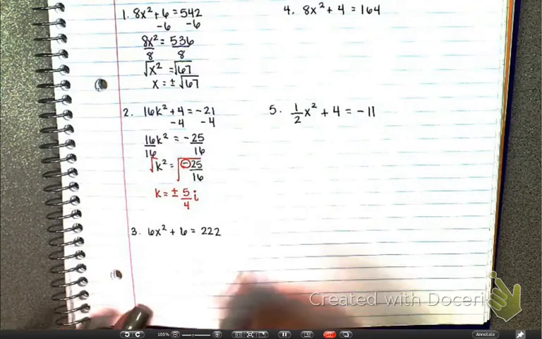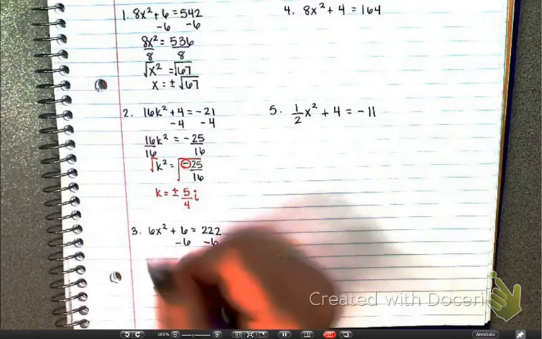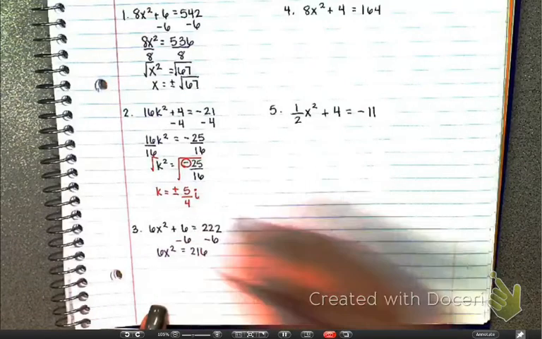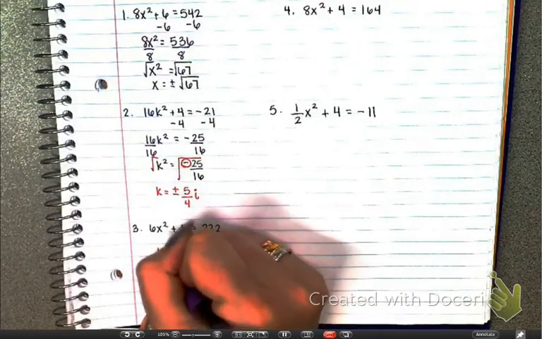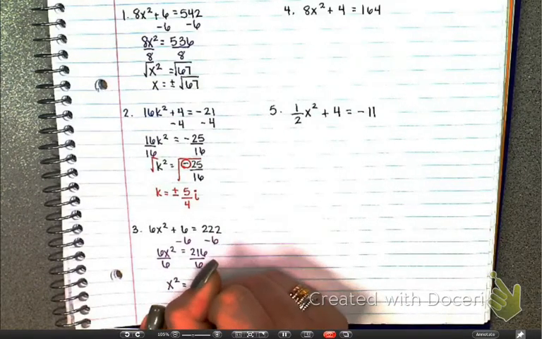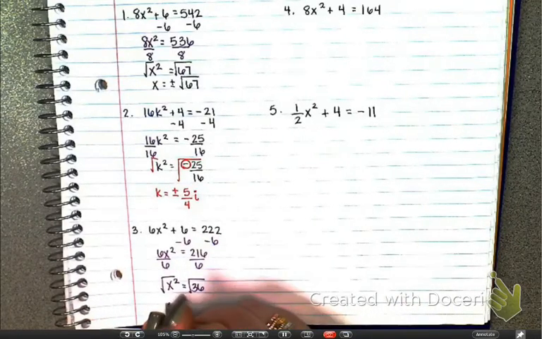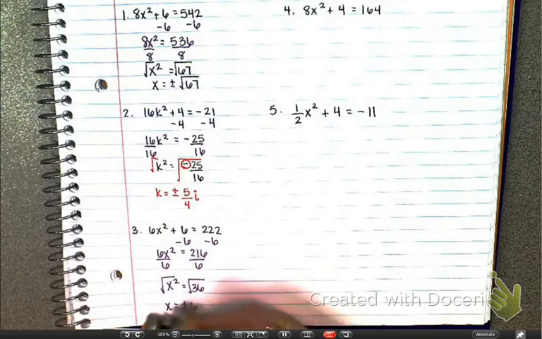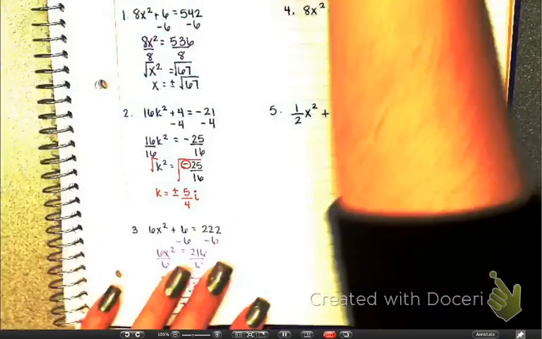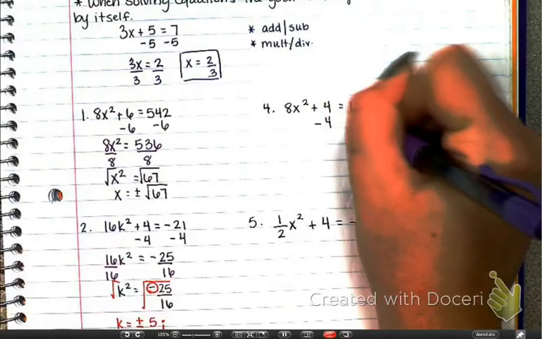All right, so for number 3, I would start by subtracting 6 from both sides. So 6x squared equals 216. Divide both sides by 6. x squared equals 36. And when I take the square root of both sides, I get x equals plus or minus 6. Number 4, subtract 4 from both sides.